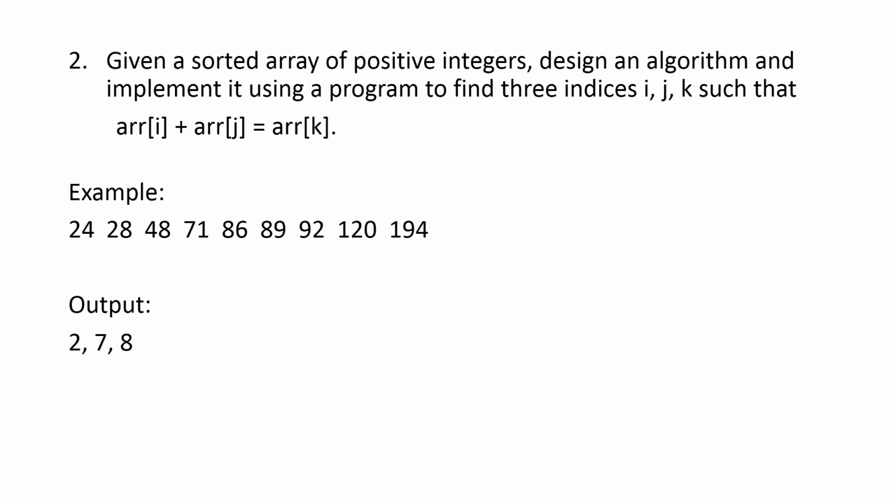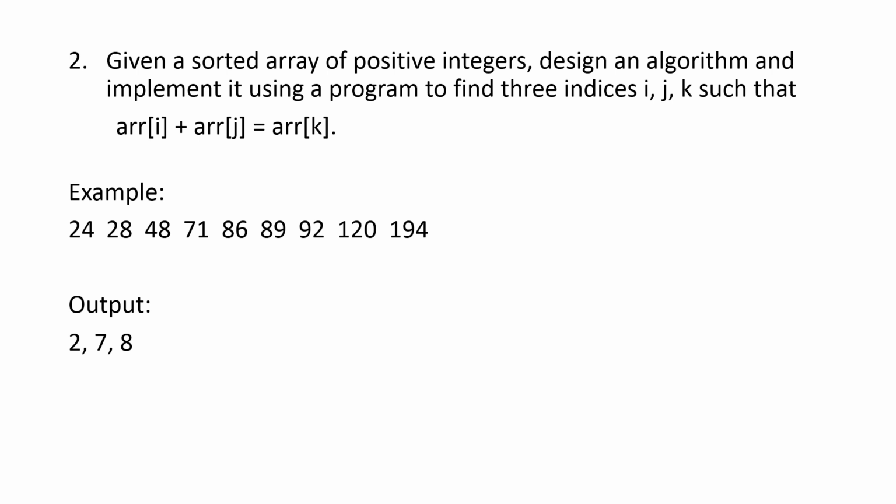This is problem 2 you were given last week. Given a sorted array of positive integers, you had to design an algorithm and implement it using a program to find three indices i, j, k such that array of i plus array of j equals array of k.